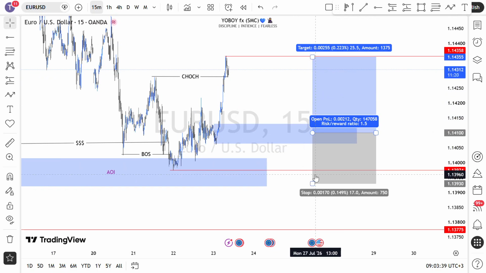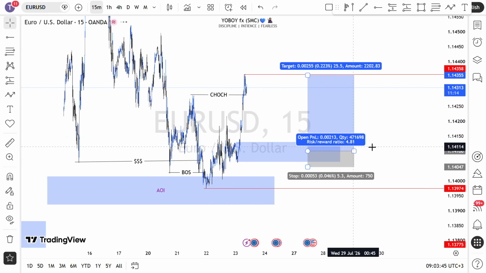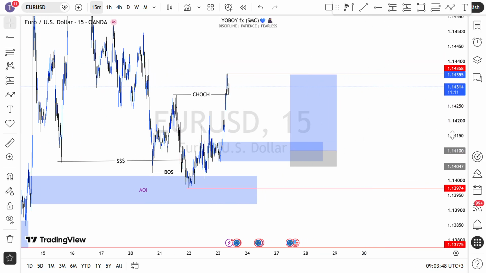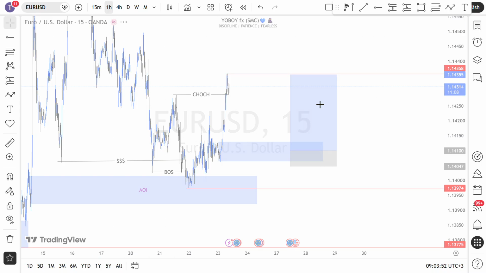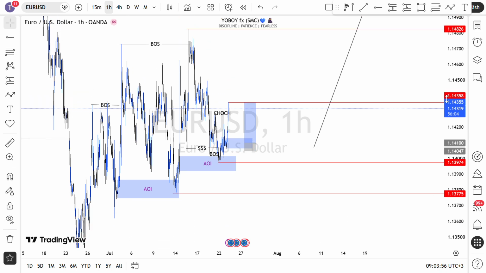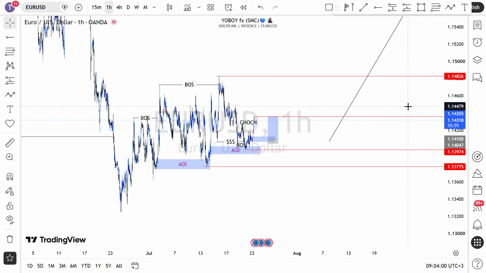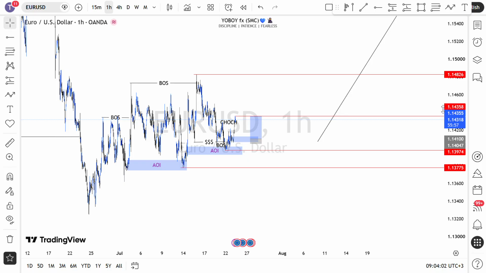So we are not trading blindly, we are doing a clear top-down analysis, mapping out our key areas and finding entries in a lower time frame. We can see clearly it is a perfect trade. I'm waiting. That's what I'm expecting from Euro USD in these remaining days of this week.